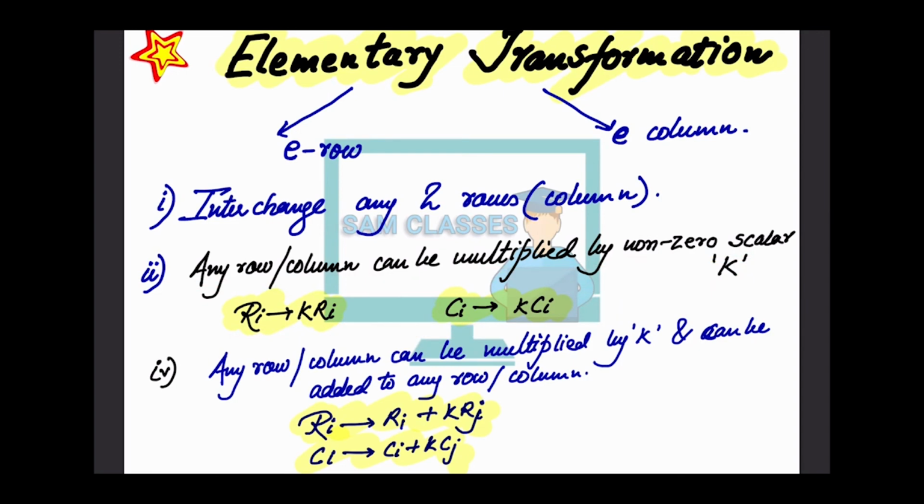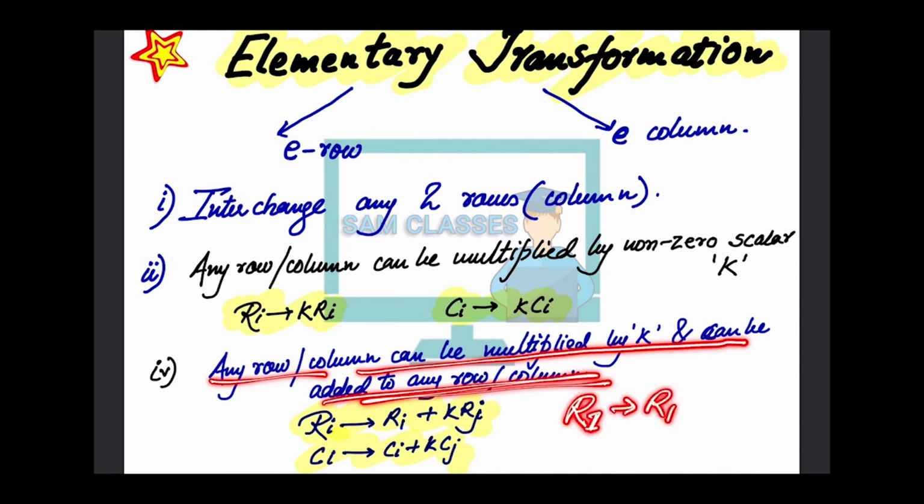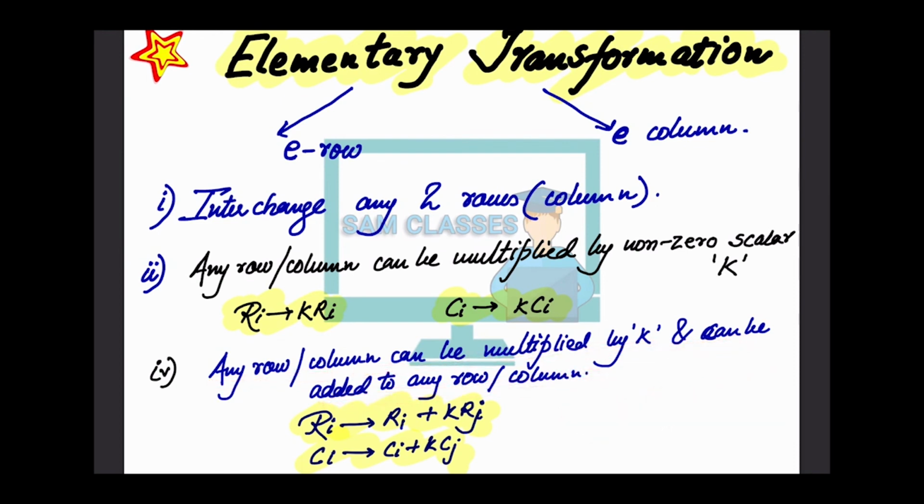Now, coming to the third point, students, very simple. We're just combining these parts and adding them up and telling you any row or column can be multiplied by k and added to any other row. Means we are taking row 1 and writing that row 1 is equal to row 1 plus 2 times some other row which you have multiplied, like let's say row 3. So we can do that.